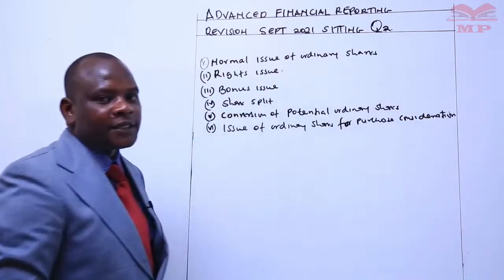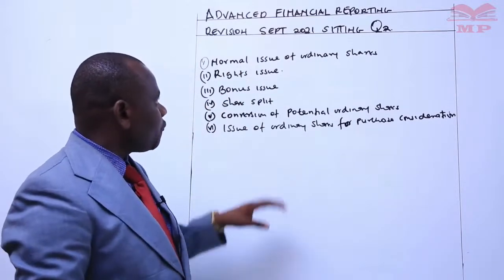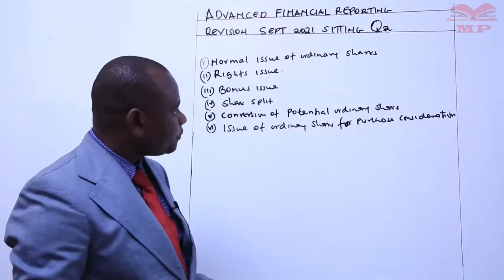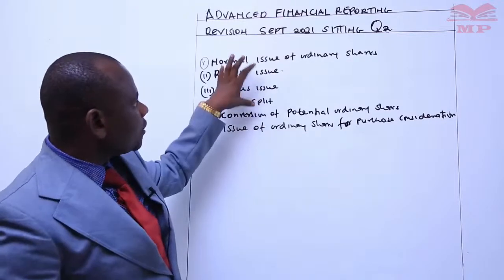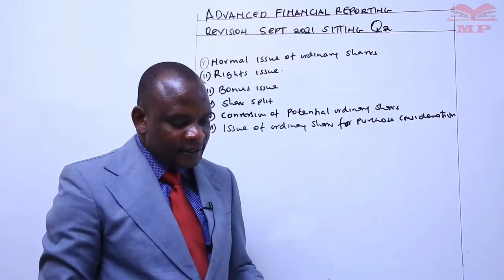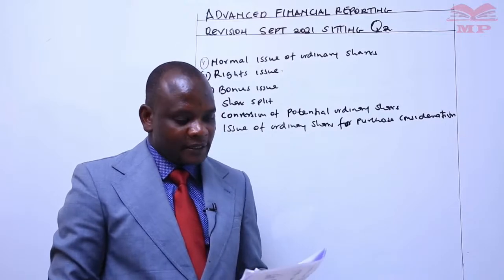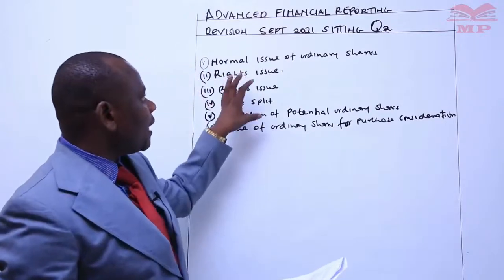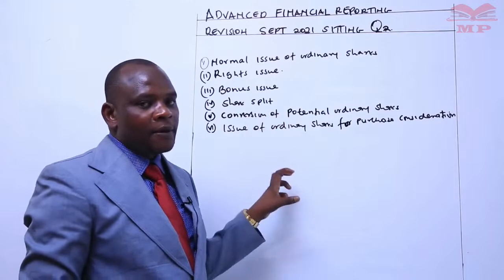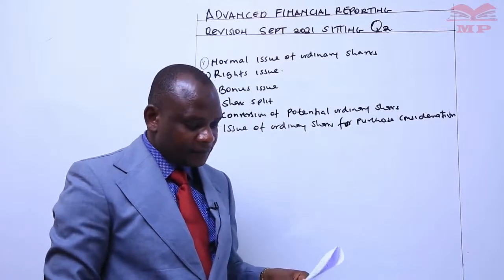This is also affecting basic EPS. So in this question that we're going to do, which of these are included that we're supposed to incorporate in determining basic EPS that are going to affect the weighted average number of ordinary shares that we use to determine basic EPS?